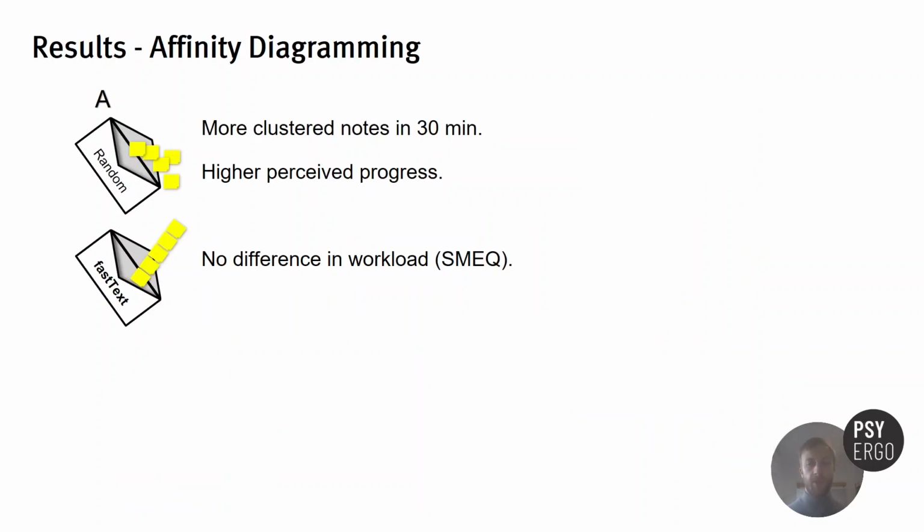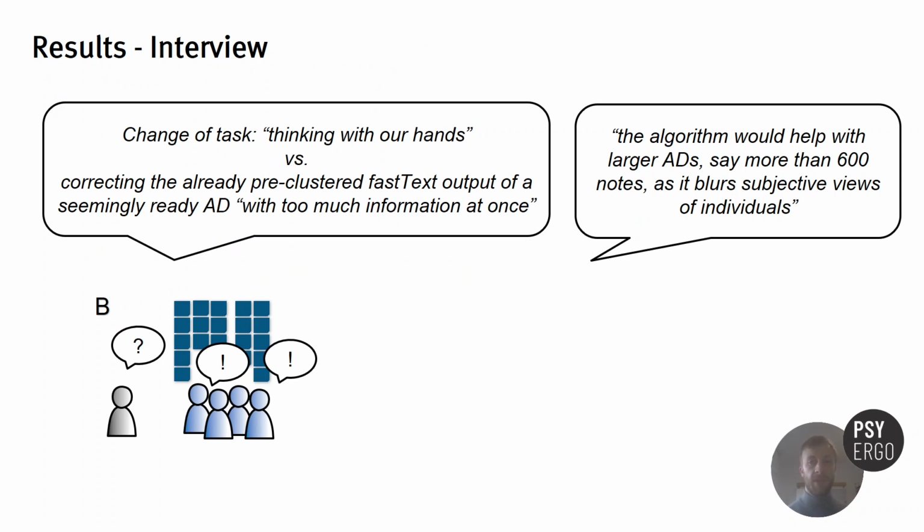Opposing our expectations, the group working with random nodes progressed faster without a significant difference in workload. A reason for this may be that the teams in the FastText condition spent much of their time discussing if the suggested groups were a good match or not, while the teams in the random condition just started from scratch. Key insights from the second part of our study were that participants suspected a change of task that came with the algorithmic support.